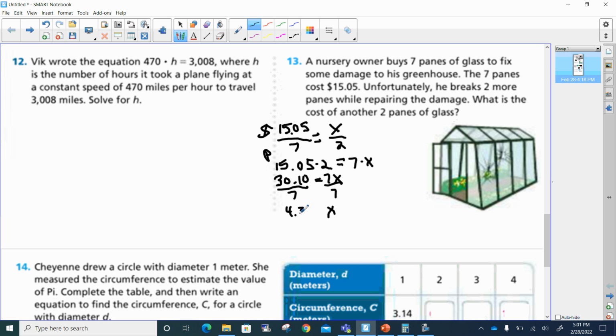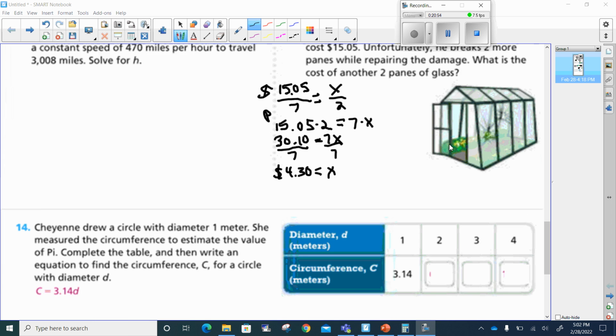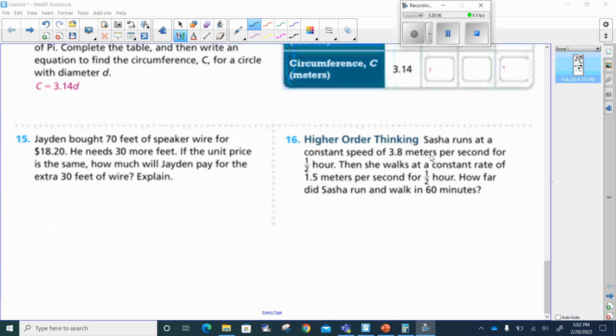But remember, this is money we're talking about. So 4.3 is actually $4.30. All right. So the 2 panes of glass will cost us $4.30. That was number 13. So I have to do number 15 here. Looks like that's my last one.